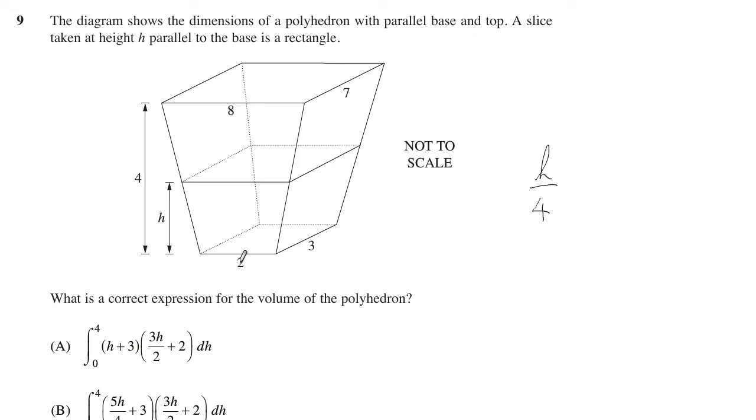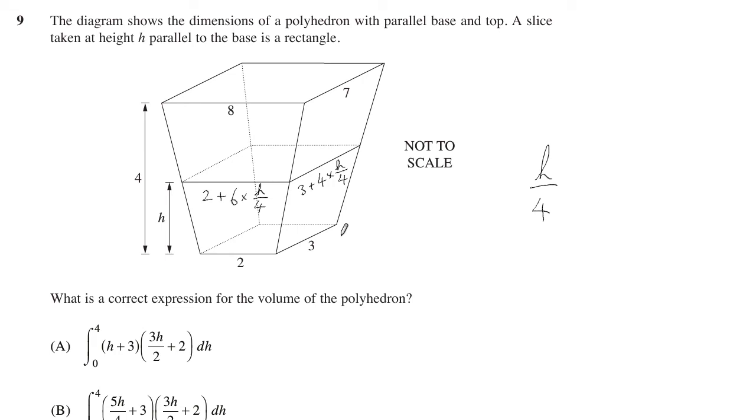So it needs to be 2 when this is 0, and 8 when this is 1. So the way you would do that is that it's 2 plus, and then it needs to go up 6 to go to there, so 6 times our little factor. And similarly for this, it needs to go up by 4 to go from 3 to 7, so 3 plus 4 times that factor.